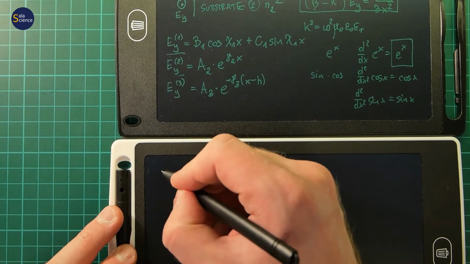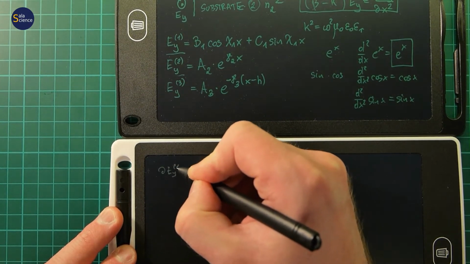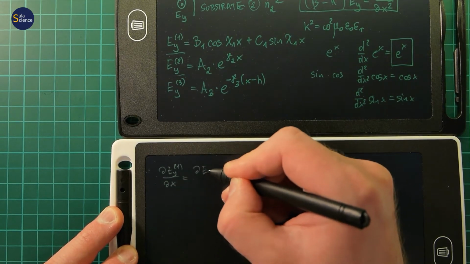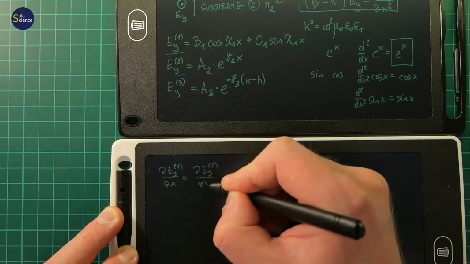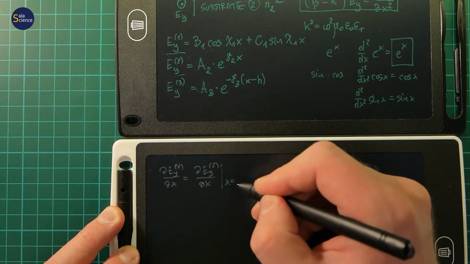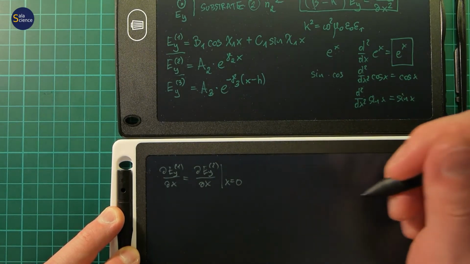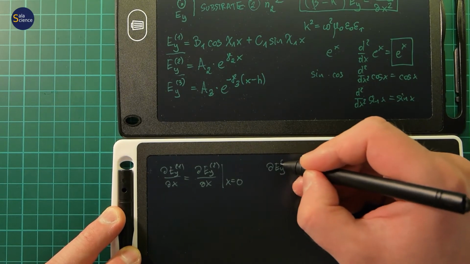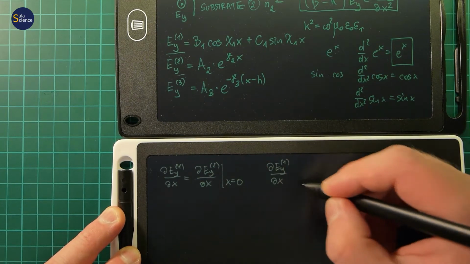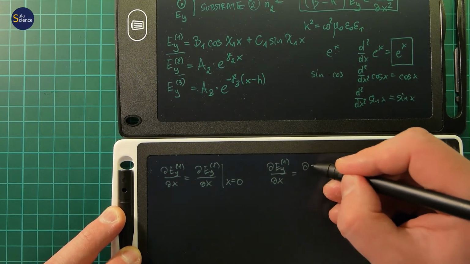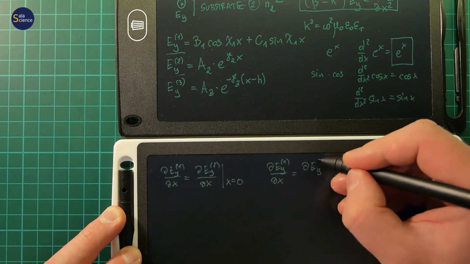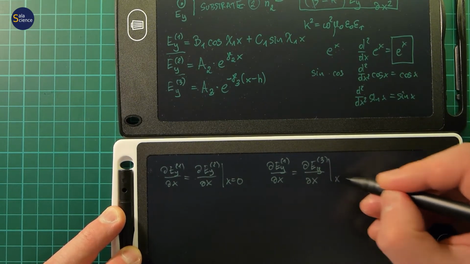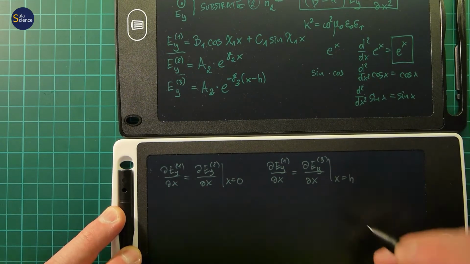So we can write that the first derivative with respect to x in the first region must be equal to the first derivative in the second region for x equals 0, and the first derivative of EY in the first region with respect to x must be equal to the first derivative of EY in the third region for x equal to h.